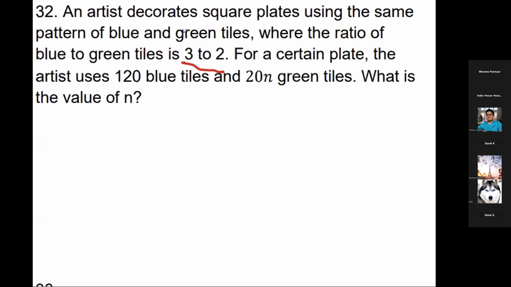So the ratio 3 to 2, well, 2 is 2/3 of 3, so 120 times 2/3 gives us the total number of green tiles, which would be 80.